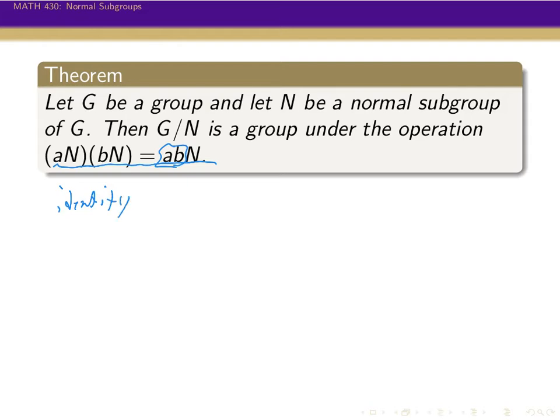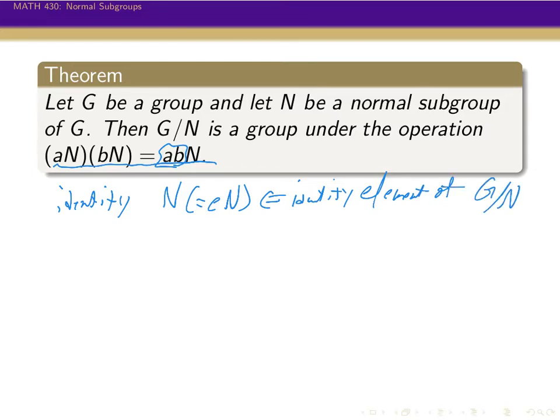For the identity of the group, well, N is the identity element of G mod N. And so the thinking here is that if you have aN times just N, we can think about there being a secret e here, so that'd be aN times eN, which is just aN.